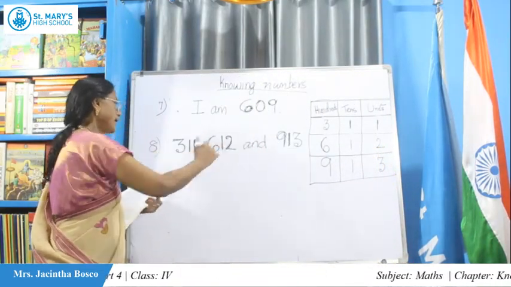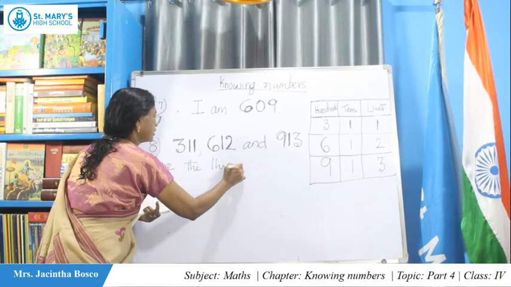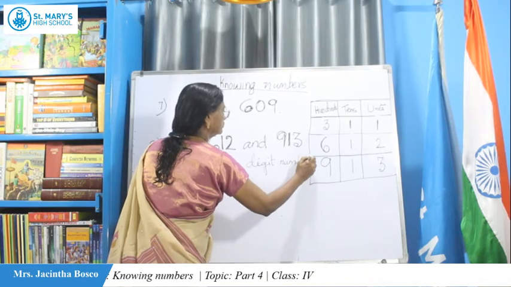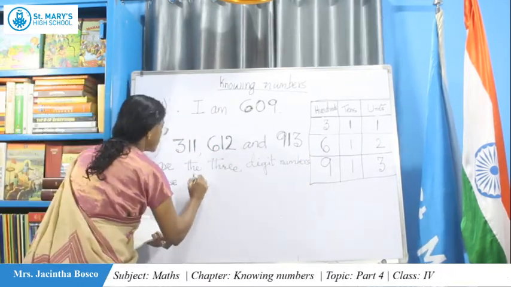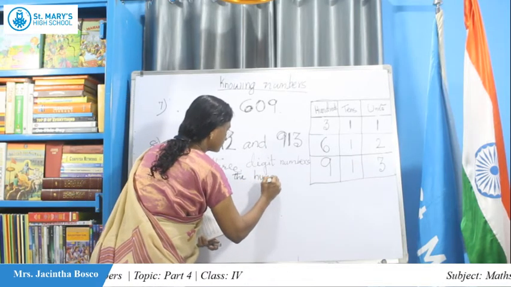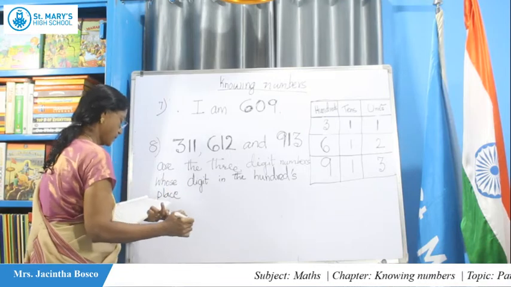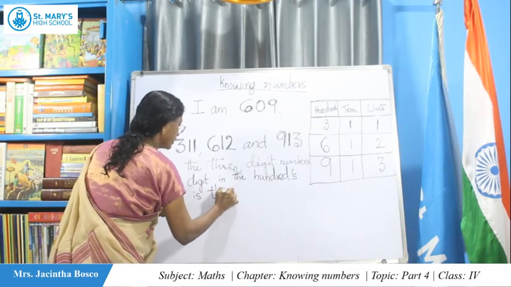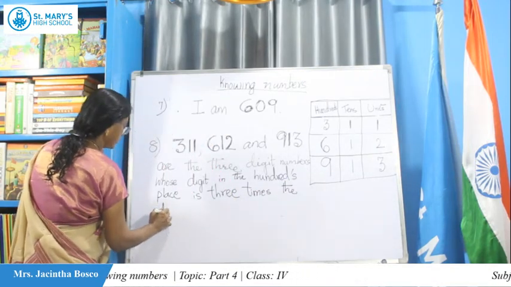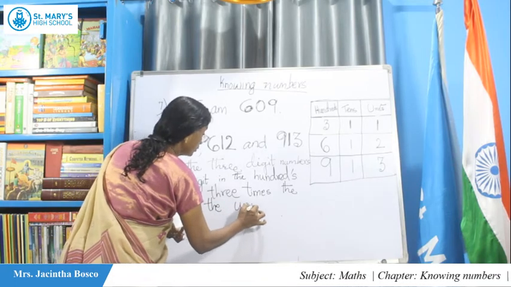311, 612 and 913 are the 3-digit numbers in which the digit in the hundreds place is 3 times the digit in the units place.